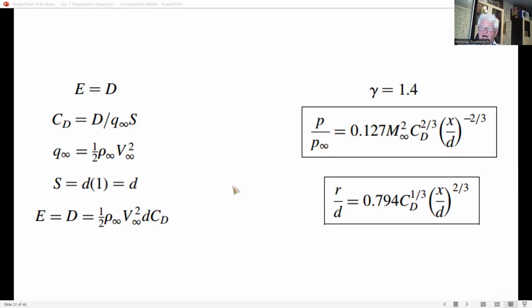So blast wave theory cannot be applied to obtain detailed results on the nose itself. This region must be analyzed by detailed numerical solution, such as was discussed two lectures before, in lecture number 5.